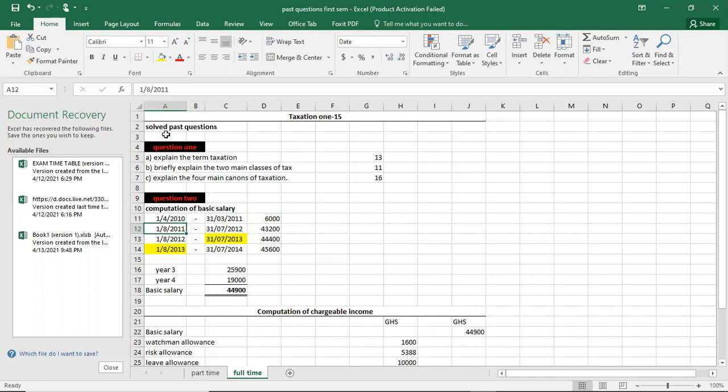From 1st April 2011 to 31st March 2012, this man is going to take a salary of this 6,000 plus an increment of 475. So in year 2, he will take 6,475.